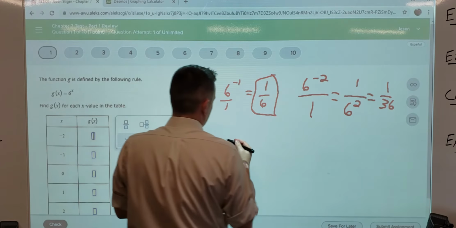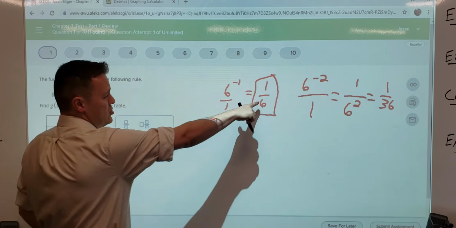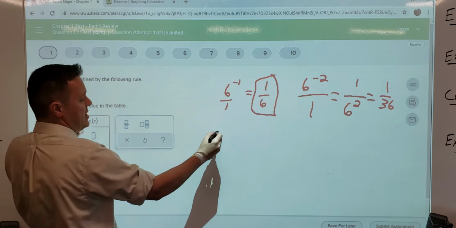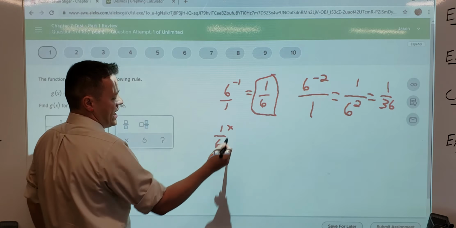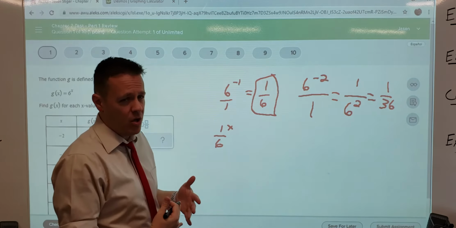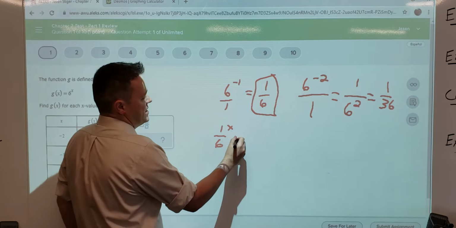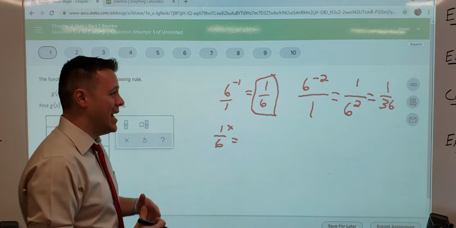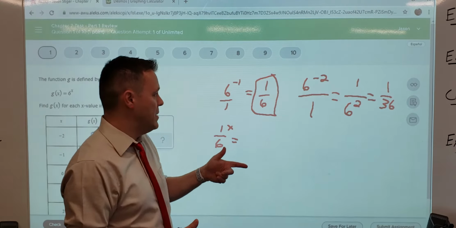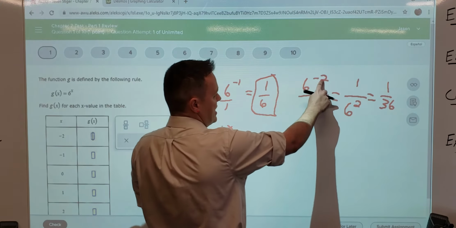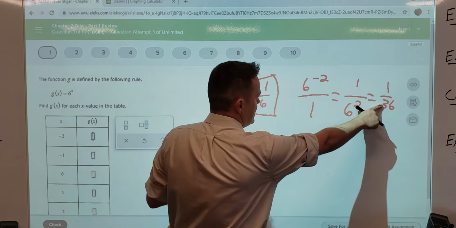If you have a fraction, say for example your f of x was 1/6 to the x, which I've had almost all day today until I did a refresh on this, the same principle applies, but backwards. 6 to the negative 2 ends up being 1 over 36.